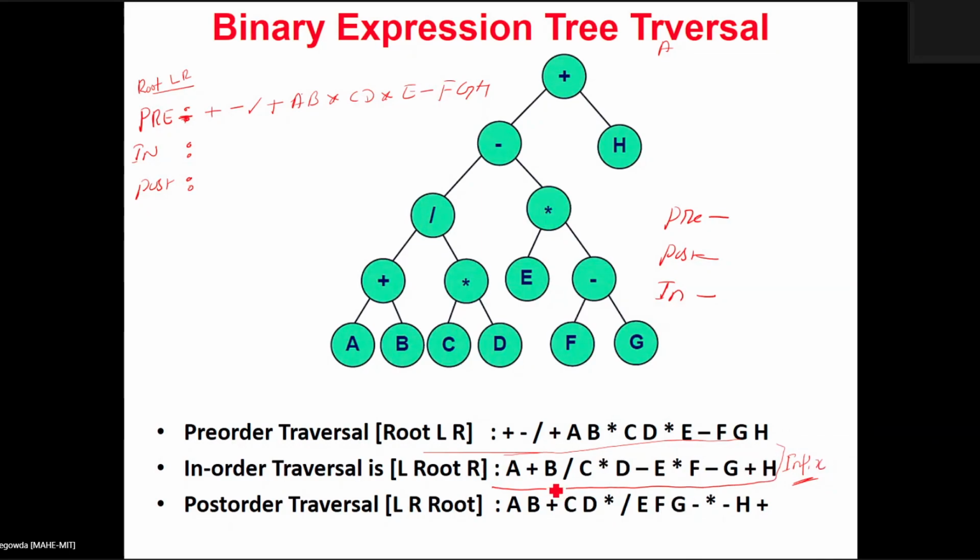Suppose you write the postfix and prefix notation for this infix expression, you will come to know what exactly the pre-order traversal output and post-order traversal output are. Suppose we traverse the binary expression tree in pre-order, this is going to produce the expression in prefix notation.